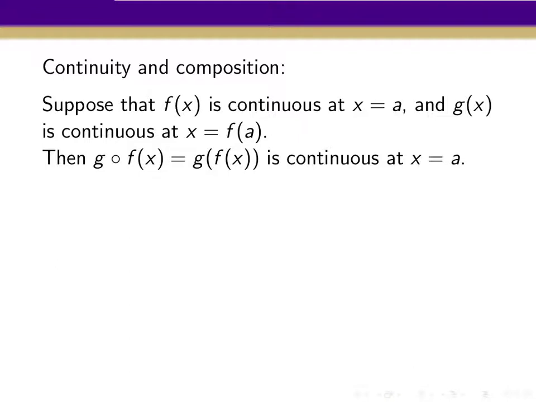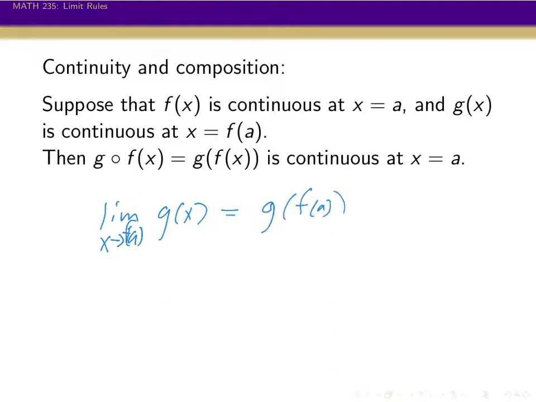Right? And so, really all that we're doing here in this statement is we're replacing this limit here. Instead of doing g of x, we're doing g of f of x.